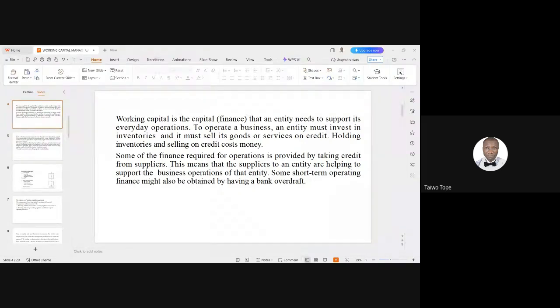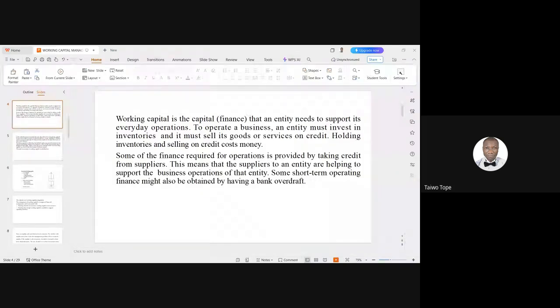Now, when debtors pay back, the money revolves back to what? To cash. So you can link this working capital cycle thus: cash leads to raw materials, leads to work in progress, leads to what? Finished goods, leads to what? Receivables, in that order. And this raw material, likewise, can be obtained on credit from your creditors. Then you have payables.